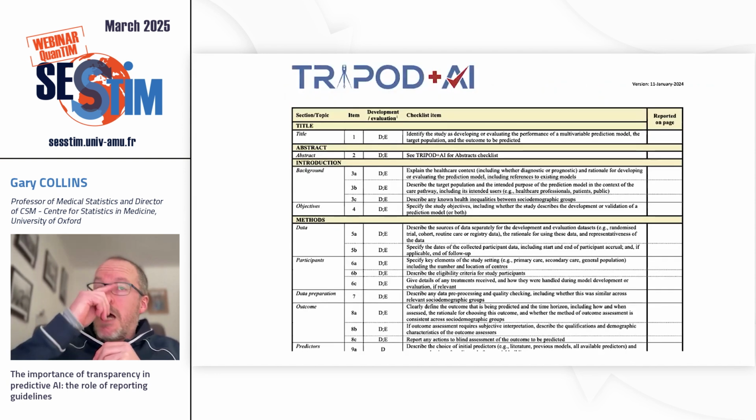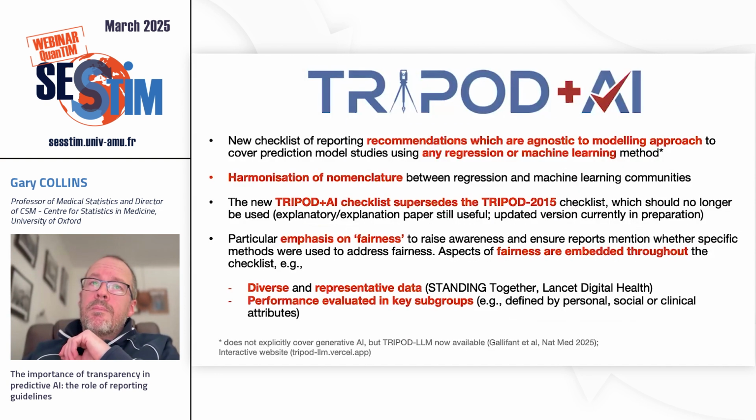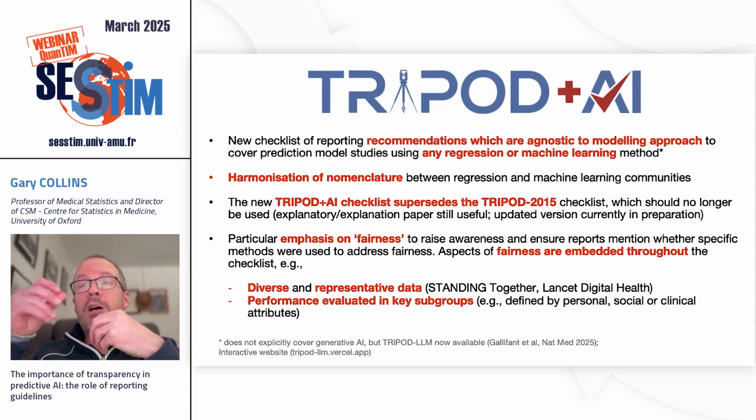Here's the guideline. I'm not going to go through it. If you go to the BMJ website, in supplementary material, there is a fillable checklist. So just to repeat, the guideline is harmonized recommendations. The recommendations are agnostic to how you develop your model.